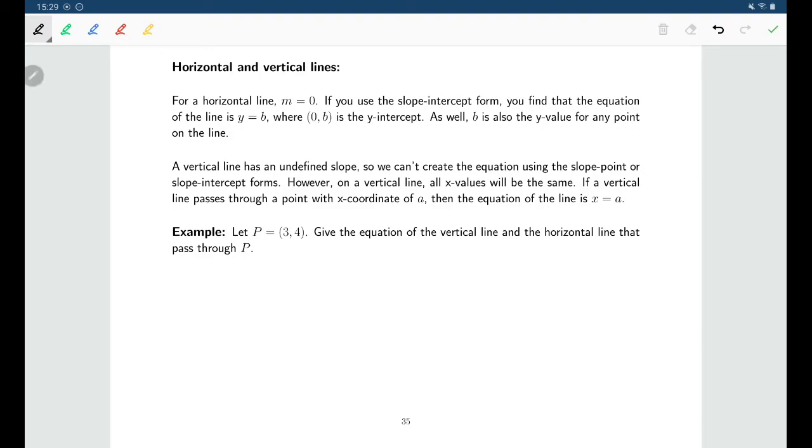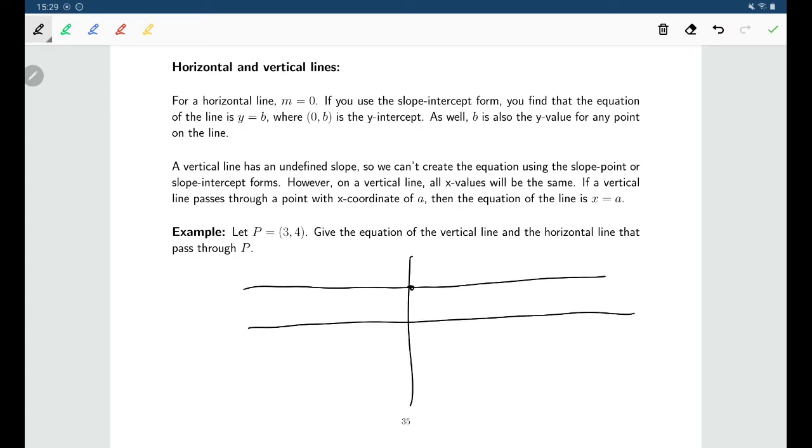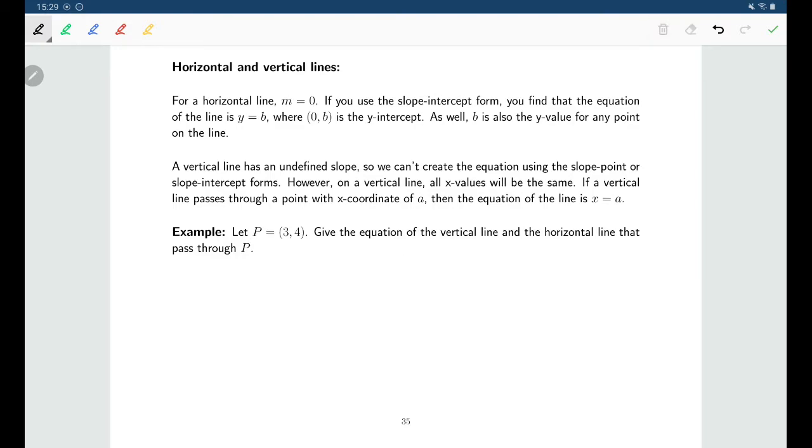In other words, if you're thinking about a horizontal line that passes through the y-axis at the point (0, b), that would be a line whose equation would be y equals b. And of course, any other point on that line would also have that same y value of b. So not a surprise that the equation is just y equals b.